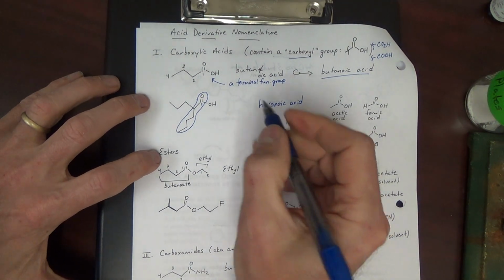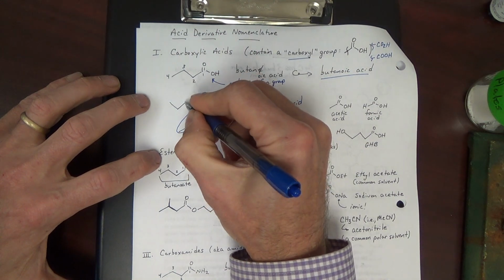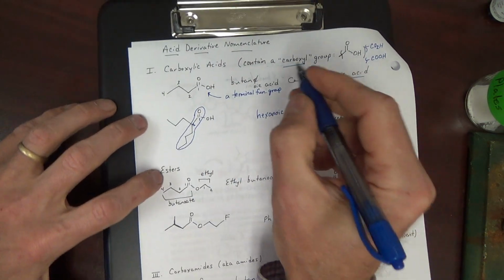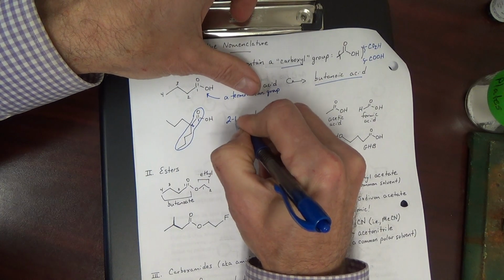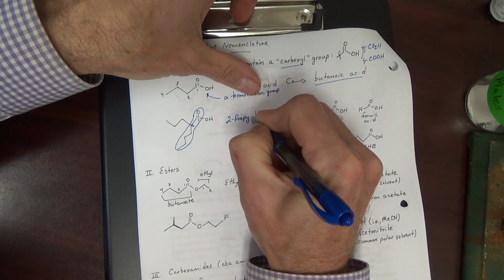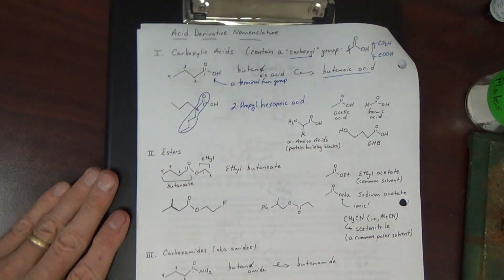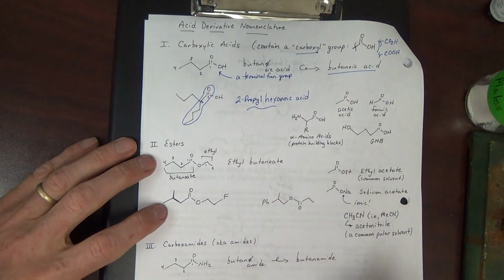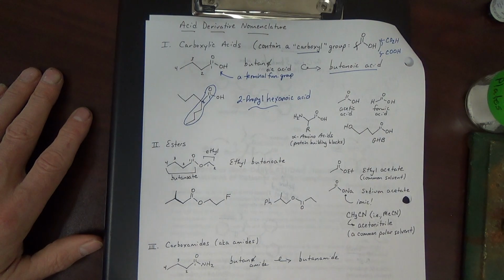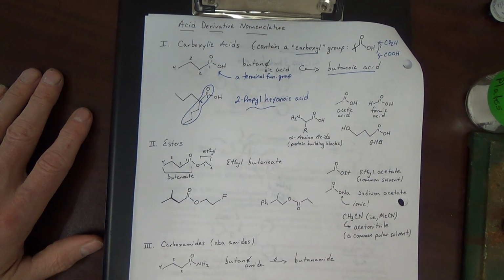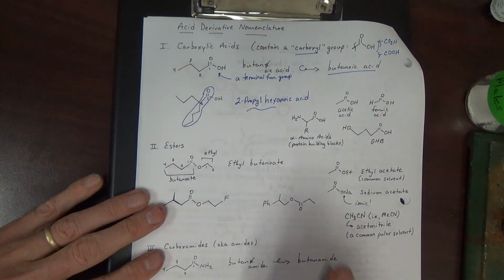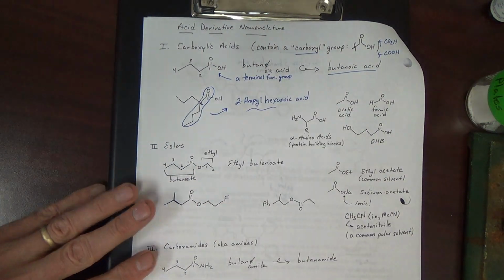What's on our hexanoic acid? At the 2 position we have a propyl. 2-propylhexanoic acid. That's all one word. No hyphen between the propyl and the hexanoic.